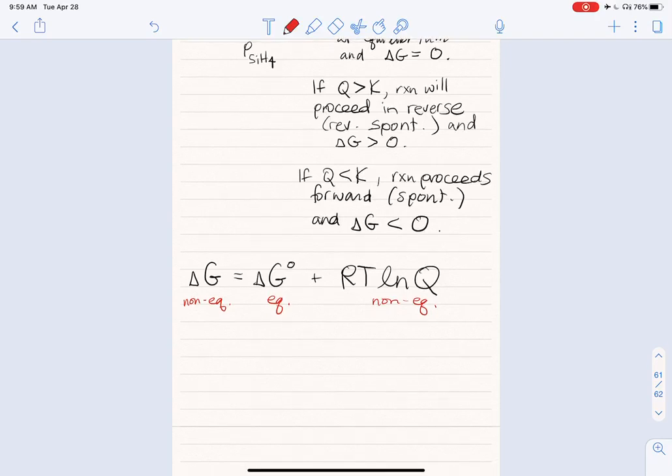So if you're actually at equilibrium, then Q is equal to K, and this expression reduces to the one that we wrote down before.